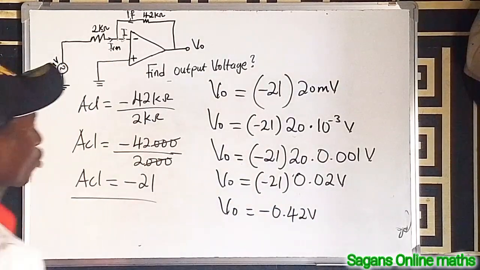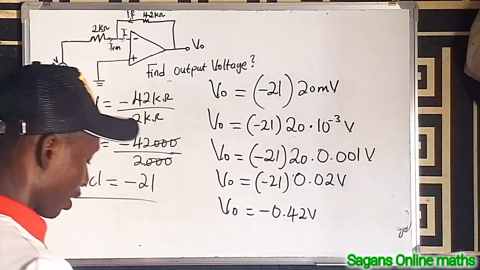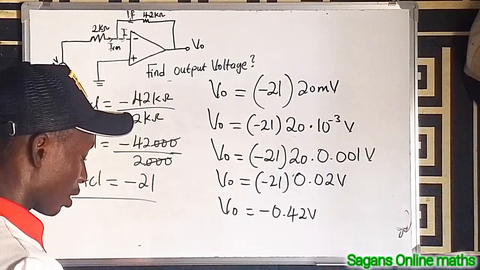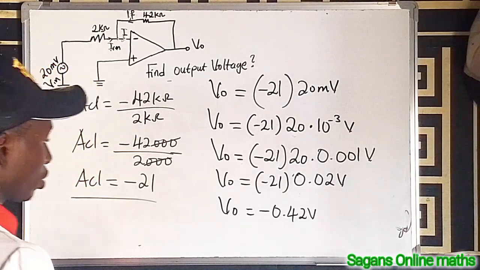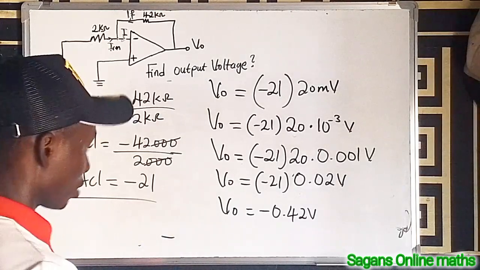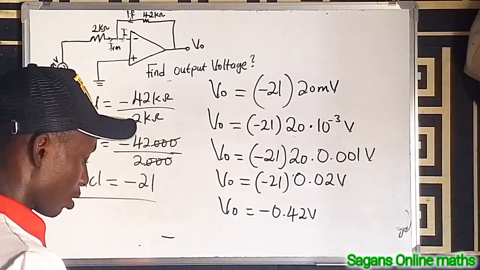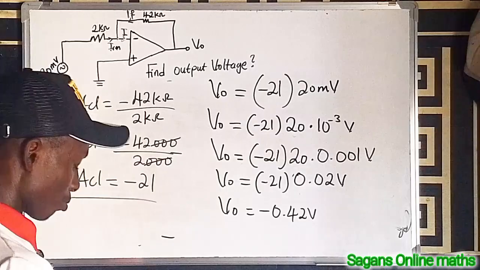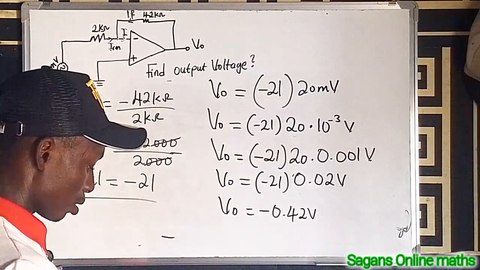And this is the output voltage. For me to put it in millivolts, I'm going to multiply by 1,000.